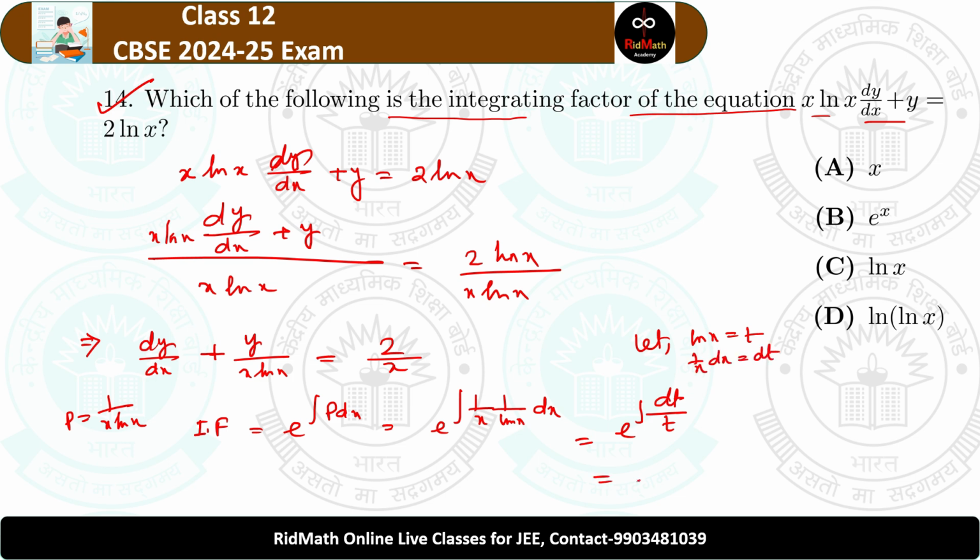So this is equal to e to the power ln t, which is t, and we assumed t equal to ln x. So the integrating factor is ln x. That means option C is correct. Next problem.